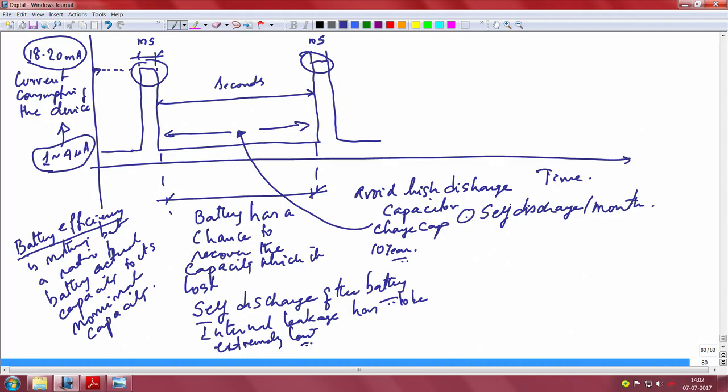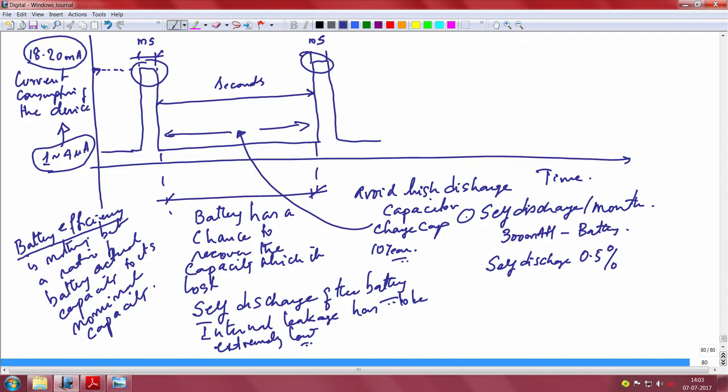Let us say, I like examples, you have a 300 milliampere hour battery which has a self discharge of about 0.5%.